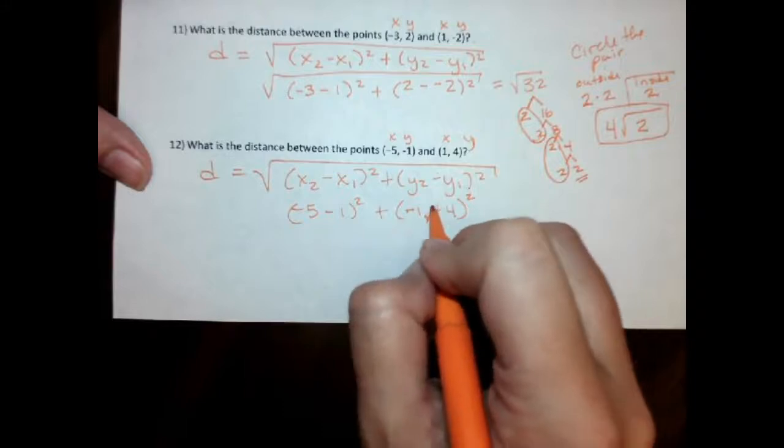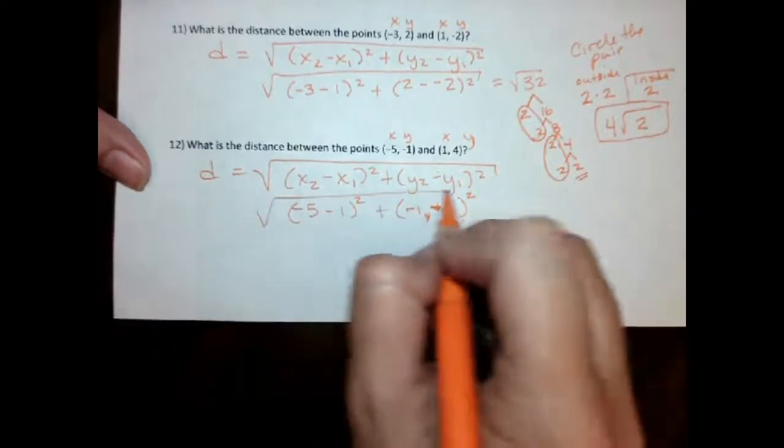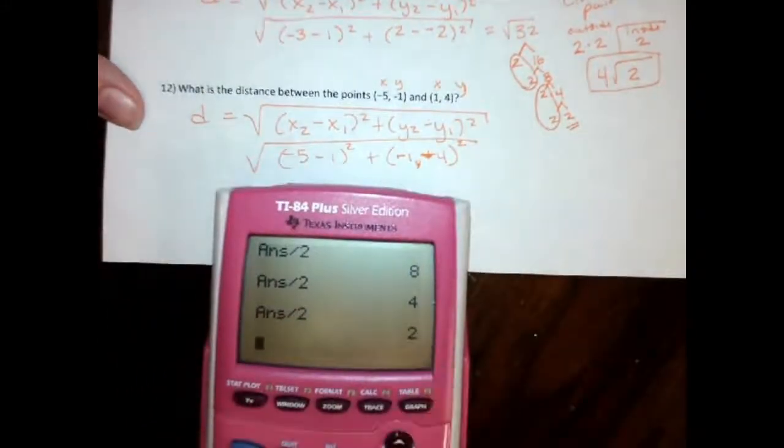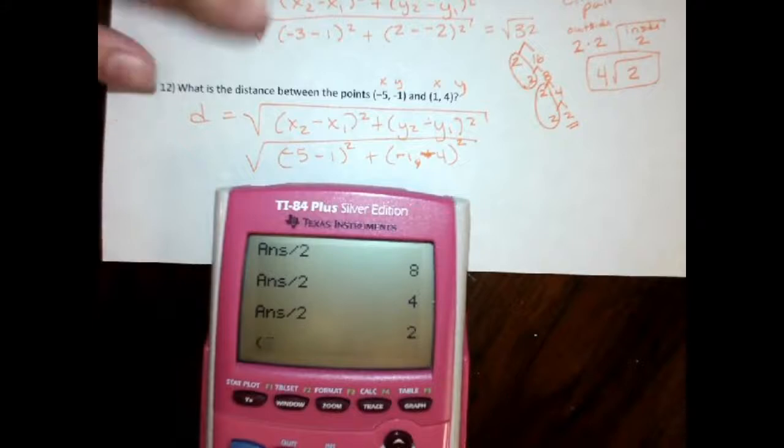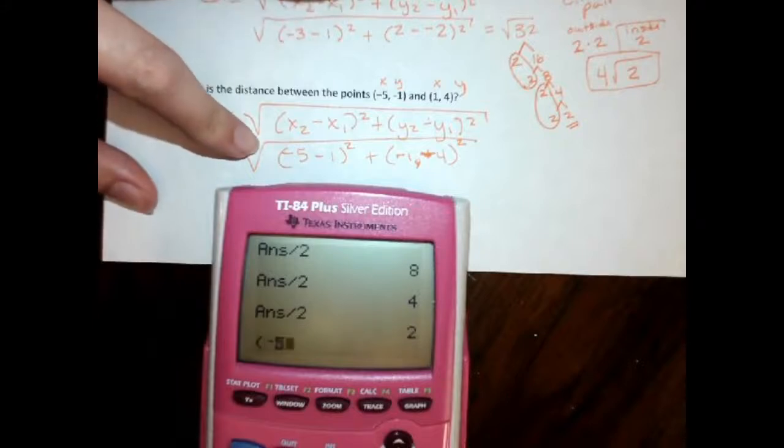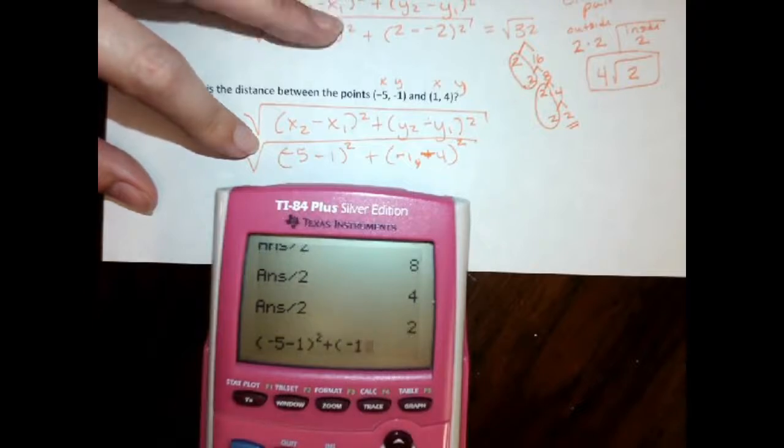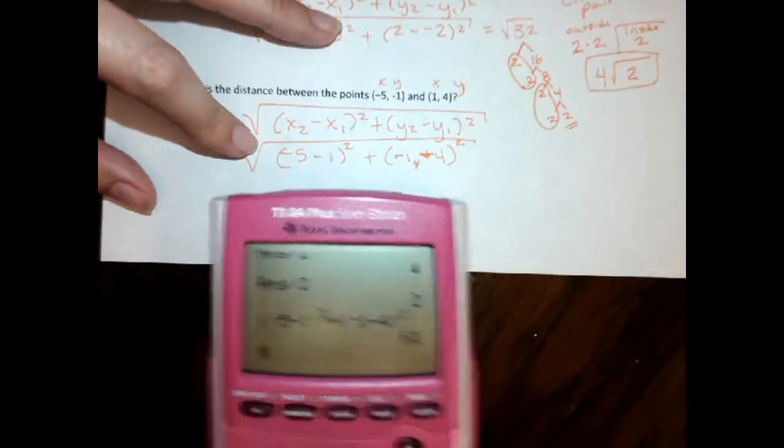Yep, minus 4. And then I'm going to put it in my calculator. Not the square root part, just the part underneath with the parentheses, negative 5 minus 1 squared plus, hit enter, and I get 61.